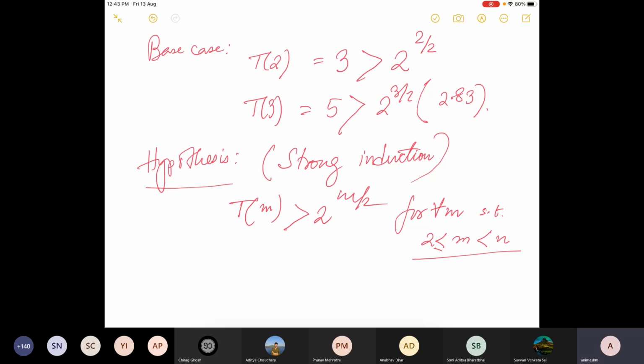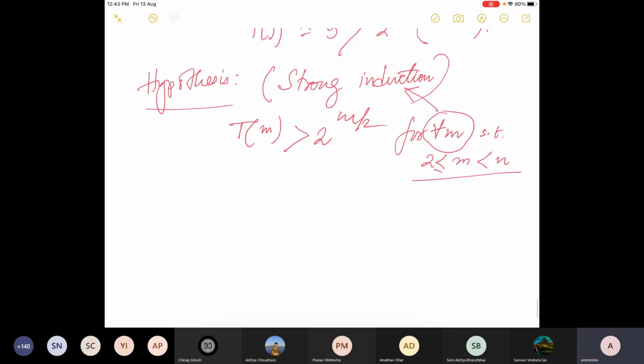So this is true for all m, which is the principle of strong induction. Now the inductive step.